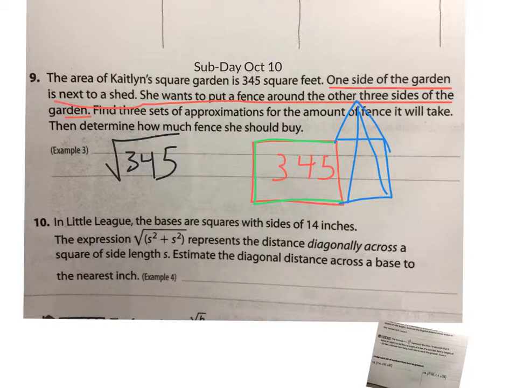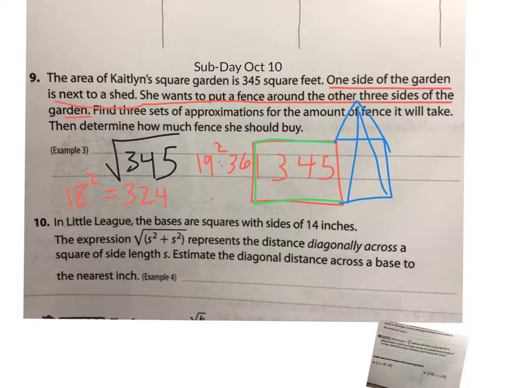So our best approximation: we've got 18 squared equals 324, 19 squared equals 361, so somewhere in between there. And I'm noticing it says to find 3 sets of approximations.